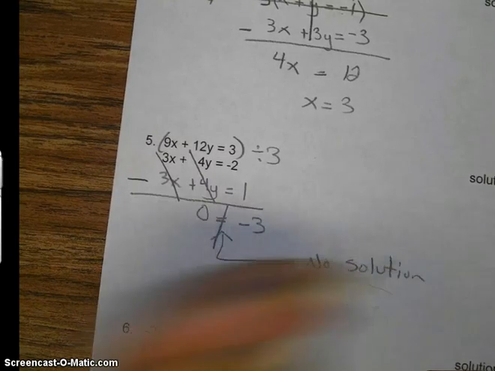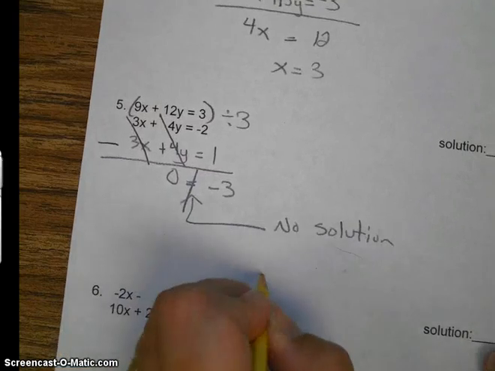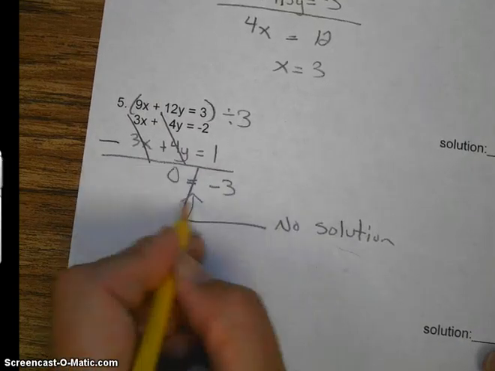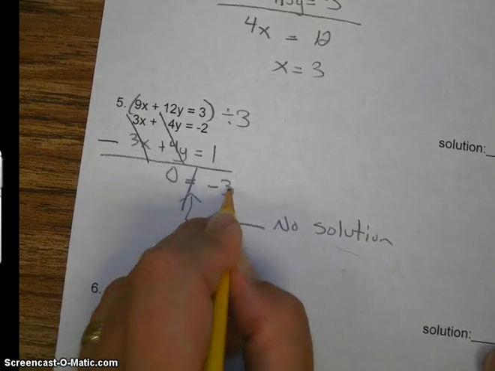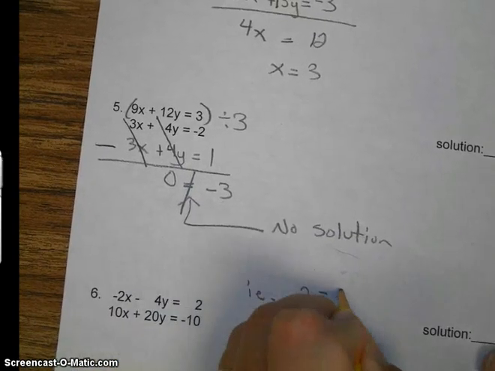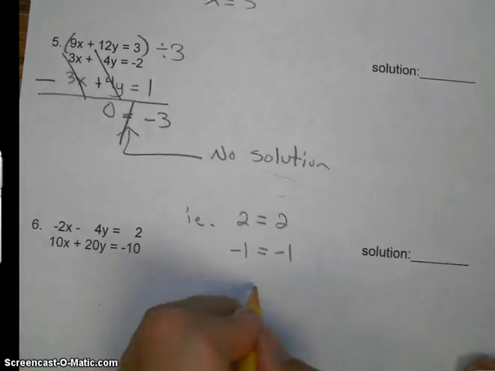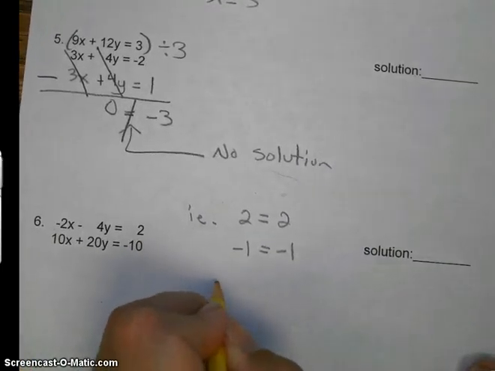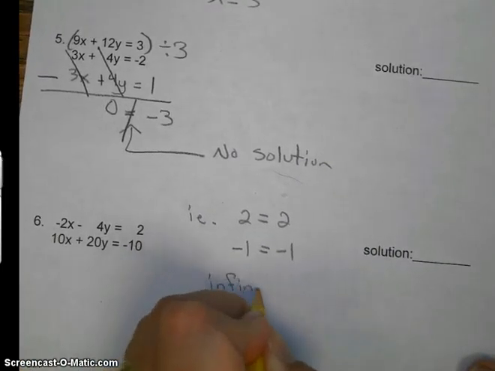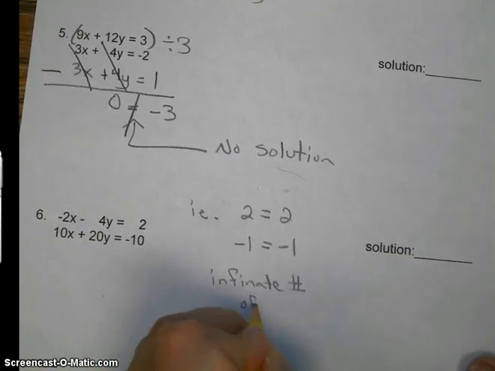No solution. If you ever get an answer where these numbers are the same, i.e. 2 equals 2, -1 equals -1, then you would have an infinite number of solutions.